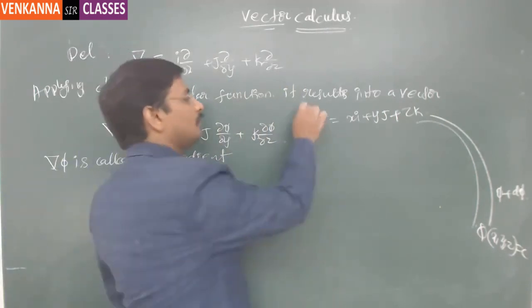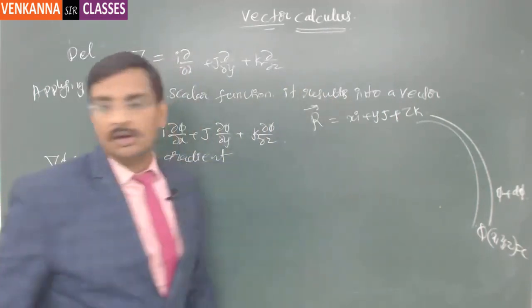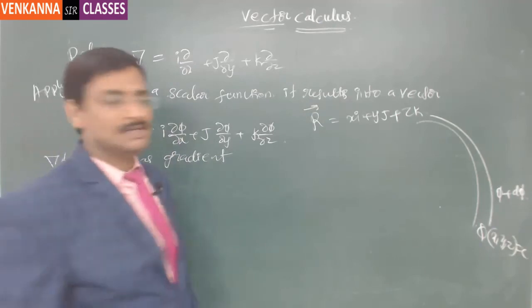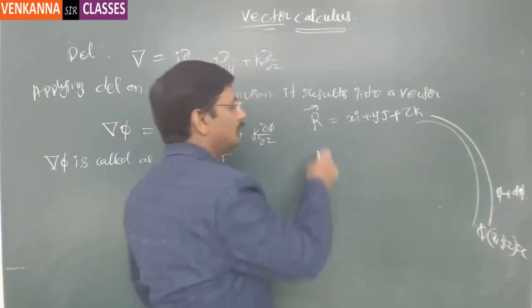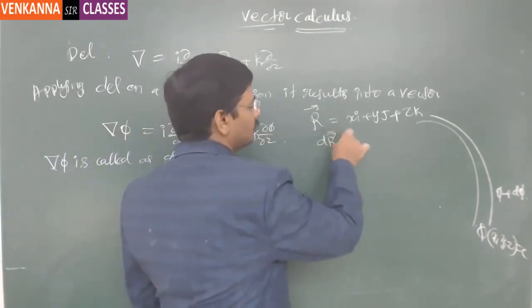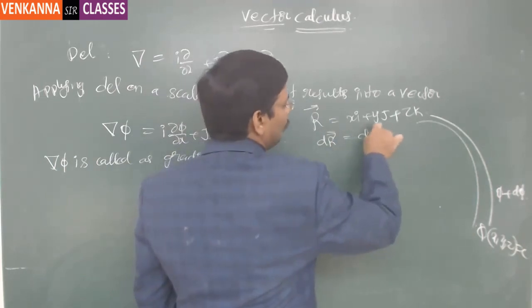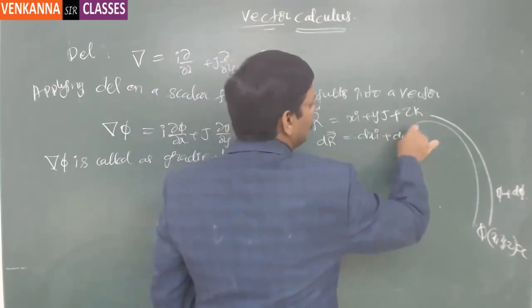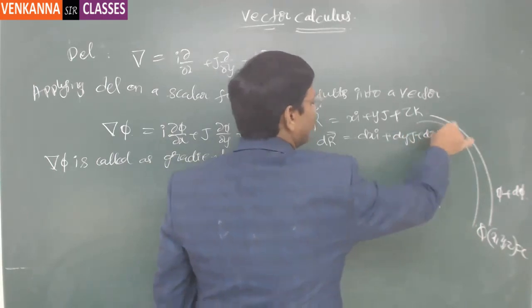This is the position vector of any particular point on that surface. Now, if there is a change in the position of that particle, then dr is given as dx into i plus dy into j plus dz into k.